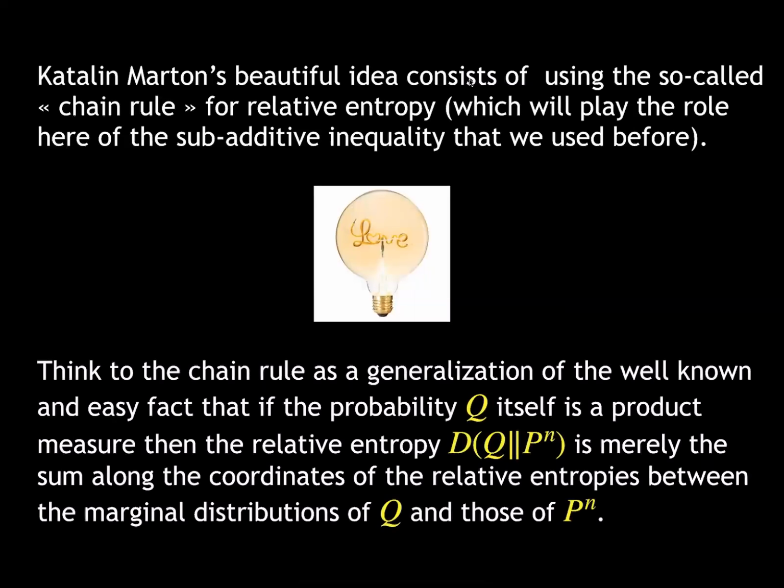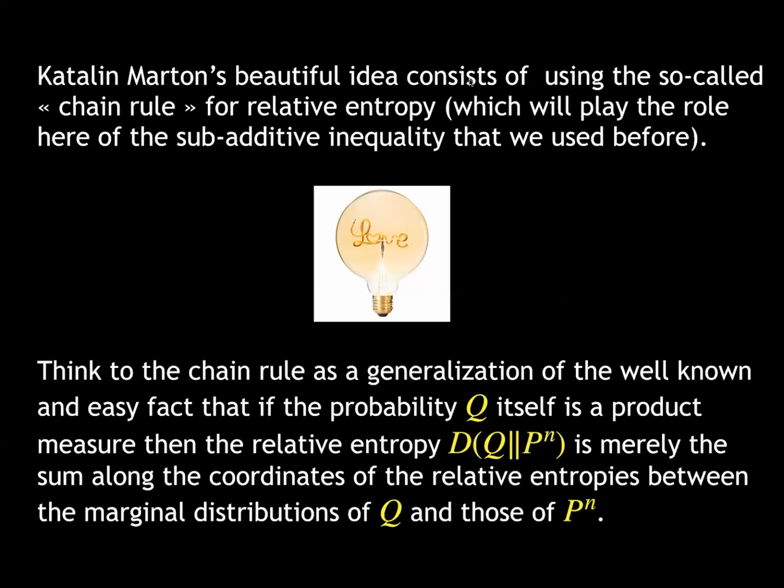This chain rule, I shall come back to it in a moment, but intuitively, this is a formula which generalizes the well-known fact that if the probability Q happens to be a product probability measure, then the relative entropy between Q and P^n, which is indeed a product measure, excuse me, is simply the sum along the coordinates of the relative entropies between the marginal distributions of Q and P^n.